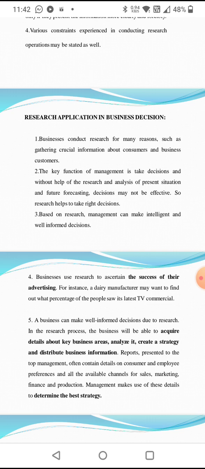Reports presented to the top management often contain details on consumer and employee preferences and all the available channels for sales, marketing, finance, and production as well. The management makes use of these details to determine the best strategy which can be used.